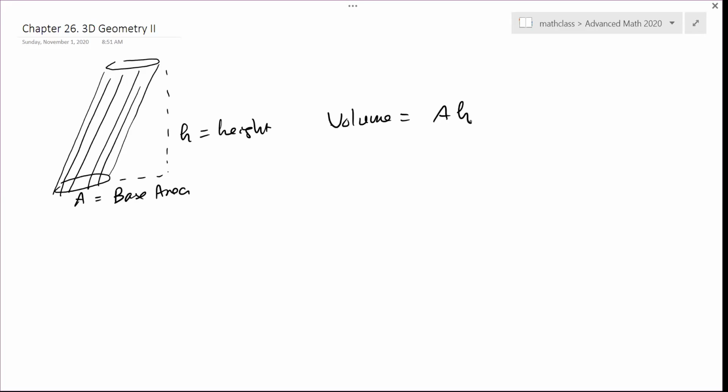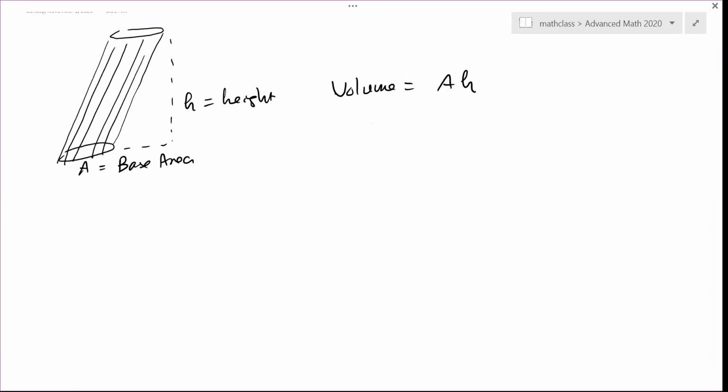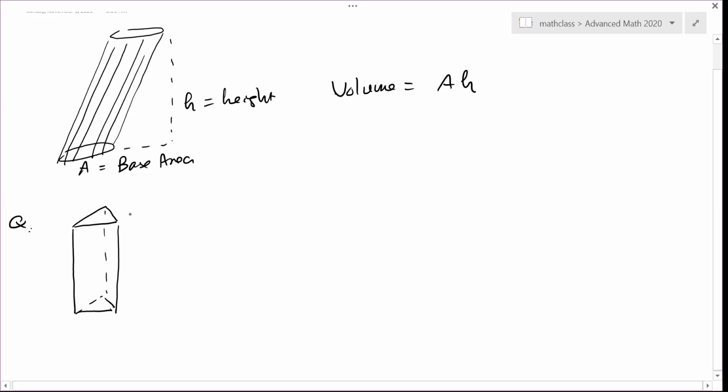That's it. So if you have a cylinder with a triangular base, how do you find the volume? Here's the example.